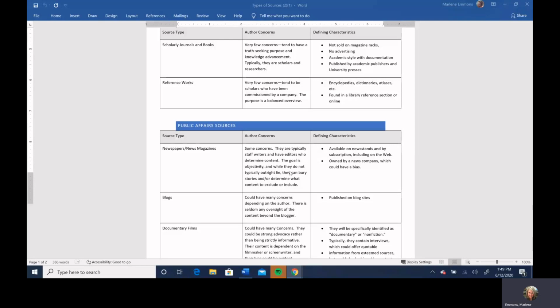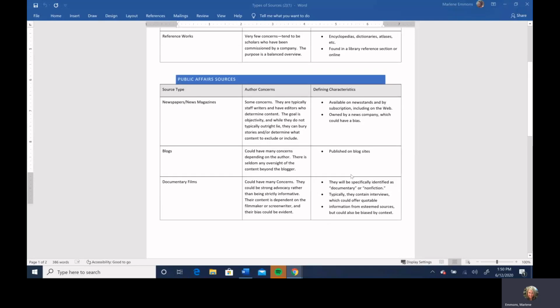While the goal is objectivity, and they don't outright lie, they can vary stories and they determine what content to exclude or include. They tend to be available on newsstands and by subscription, including on the web. They're owned by news companies, which could have, and often does, have a bias, whoever the owner is, whoever the readers are. They may very well want to, in some ways, pander to a certain clientele.